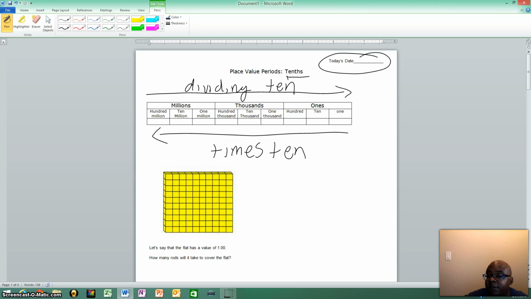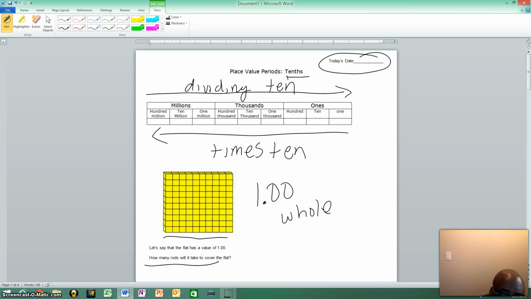So now let's say that this flat has a value of one whole, right? That this is equal to one whole. How many rods will it take to cover that flat?